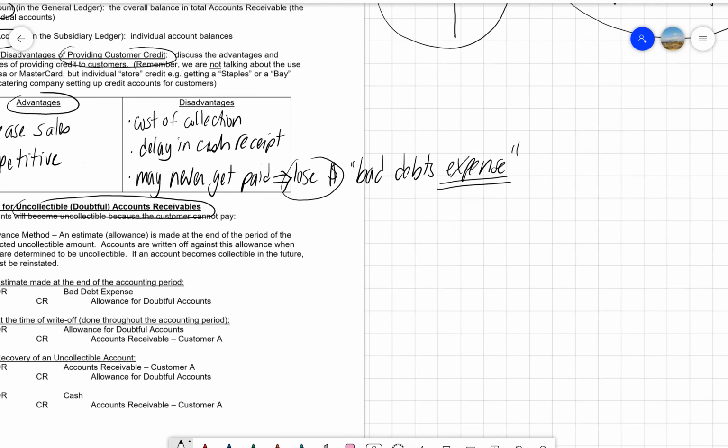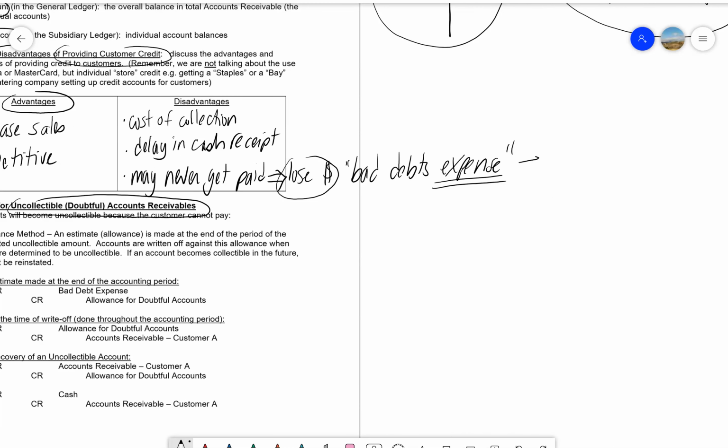Now, bad debts expense is going to be an estimate. The reason it's going to be an estimate is that it's going to take a long time to determine which customers will never pay us, because even if we give them 30 days, we may still try to collect from them, call them up, send them some notices that if they don't pay us, we're going to take action. But that could take time.